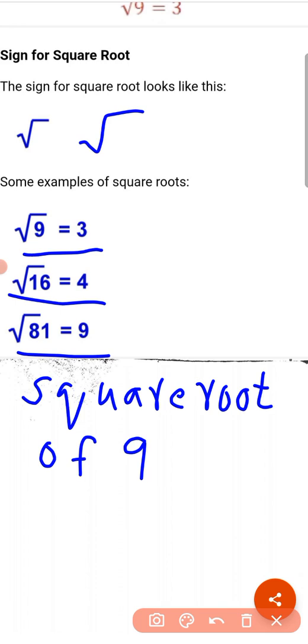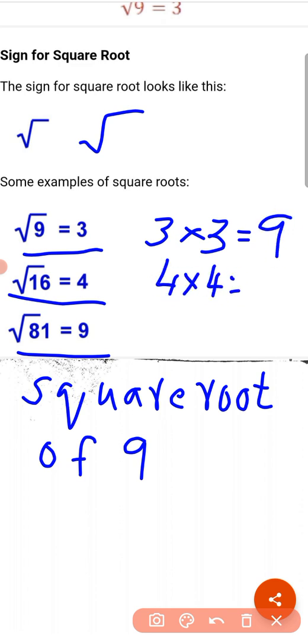Square root of 9 is 3. Square root of 16 is 4. Square root of 81 is equal to 9. Because 3 multiplied by 3 is equal to 9. 4 multiplied by 4 is equal to 16. 9 multiplied by 9 is equal to 81.